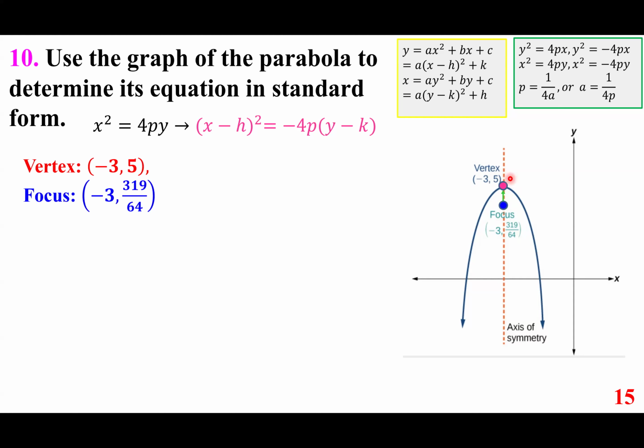So what is the distance between these two? Is the distance between these two numbers, because they have the same x coordinates. So 5 at top minus this number becomes 1 over 64, everybody.